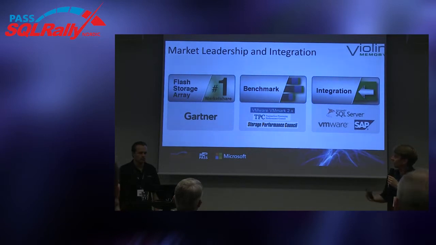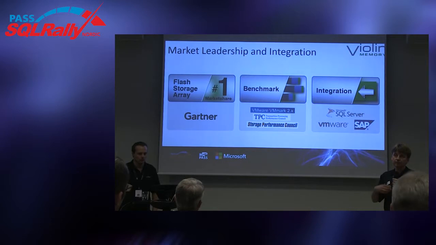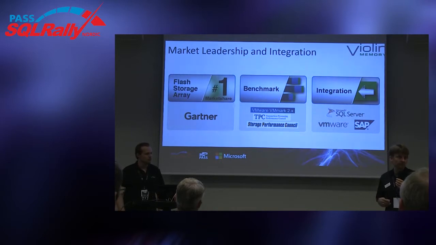So we saw that we have the number one market share by Gartner. We have a lot of benchmarks where server vendors and infrastructure vendors like VMware and Microsoft have used our technology to make their applications, servers, and infrastructure run as fast as possible. As most of you probably know, storage is the slowest part of the infrastructure today. CPUs are extremely fast, memory is fast, network is fast, but storage is slow.